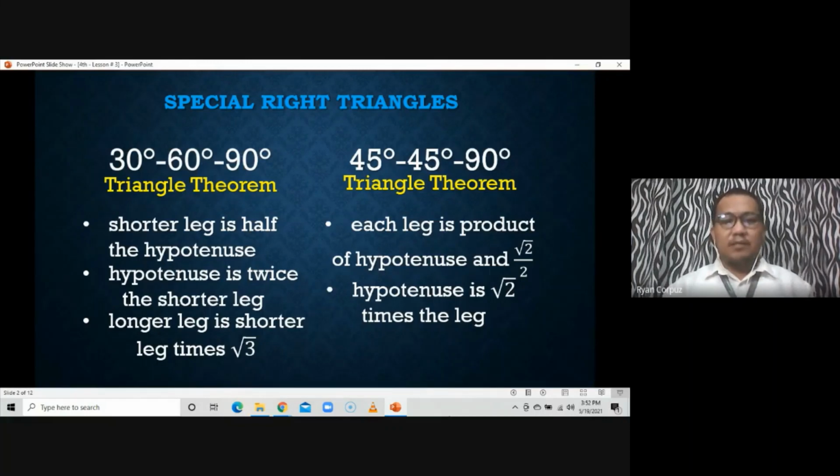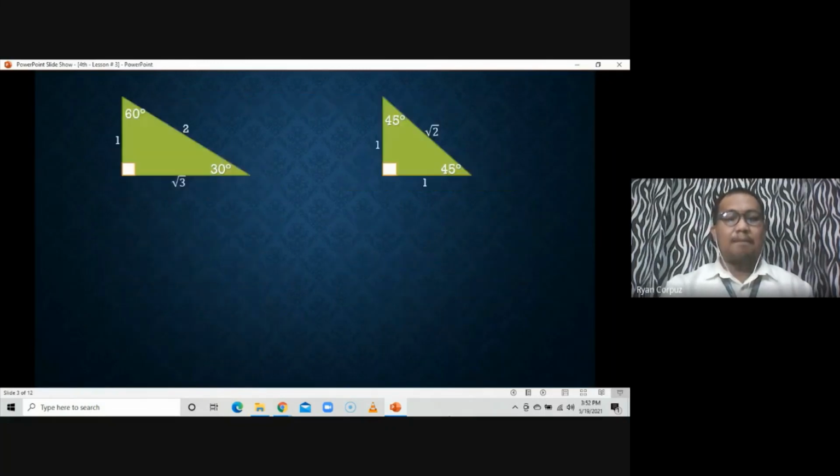So, from these special right triangles, dito natin makukuha yung tinatawag nating special angles. So, ano ba yung mga special angles? So, tingnan natin tong triangle. Itong given triangles natin dito ay 30, 60, 90 and 45, 45, 90 special right triangle.